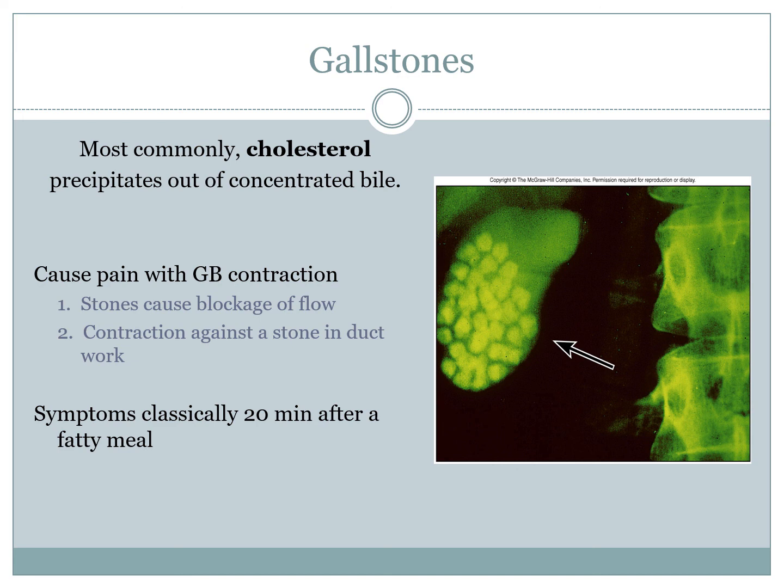As you can imagine, if you have a backup in the pancreatic duct of pancreatic digestive enzymes, you're going to auto-digest the pancreas. And this is a very serious situation and one of the most common causes of pancreatitis. Very, very painful and dangerous situation.